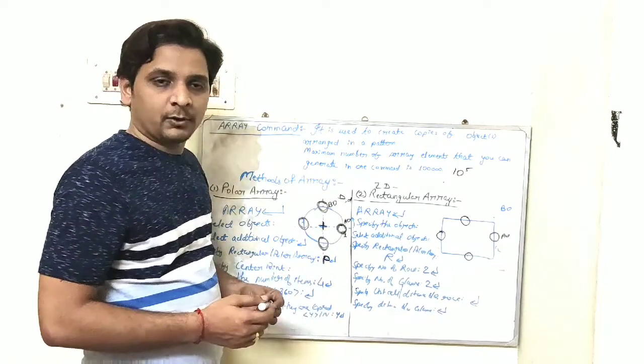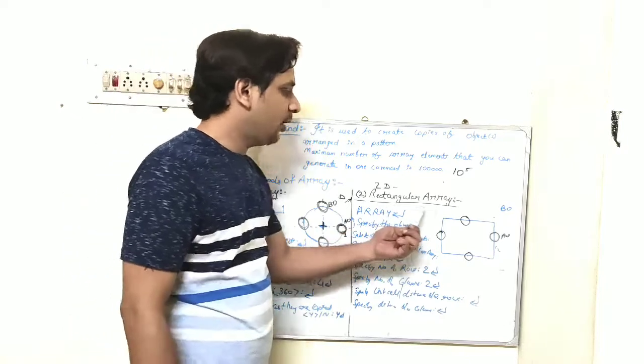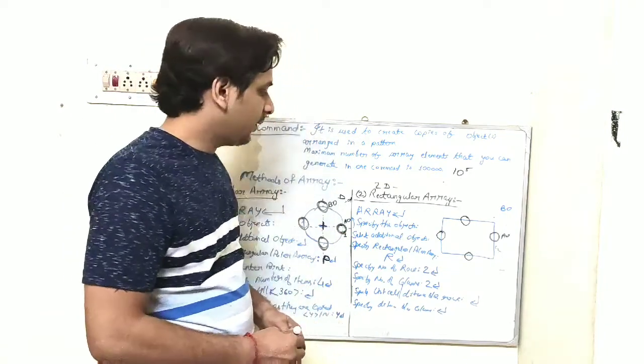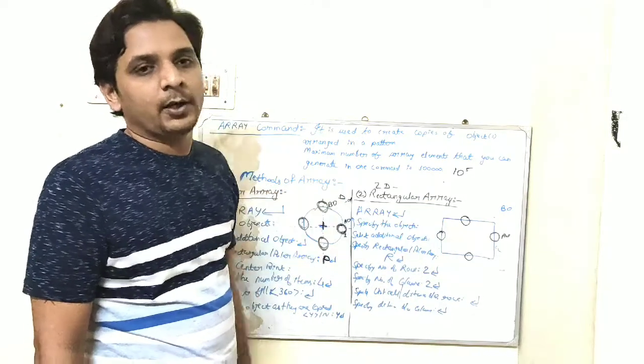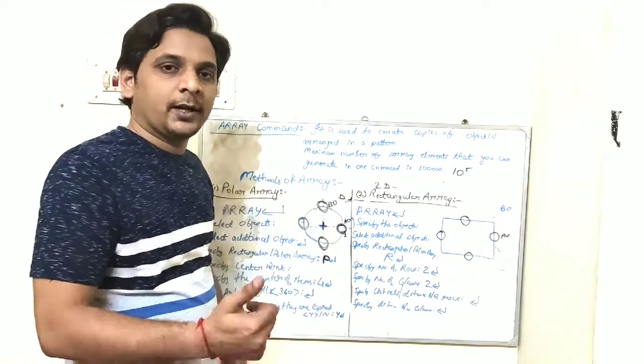Okay, got it? Now let us see the 2D rectangular array method. In this also, before using the array command, we require a base object and an array object.